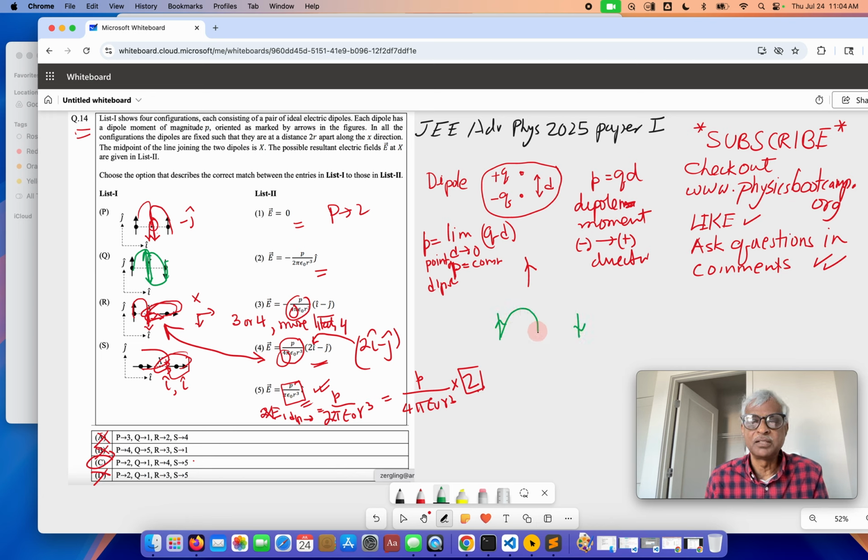From this dipole, the electric field went down, minus j hat. From this dipole, the electric field went up, plus j hat. So this should be 0. So if that's the case, not this guy, this guy is. So Q goes to 1.